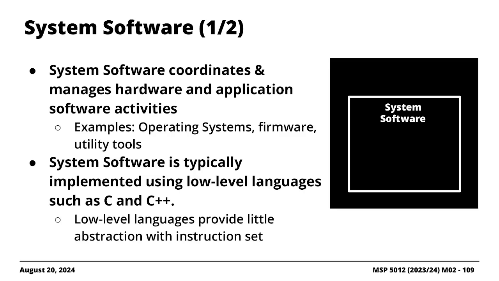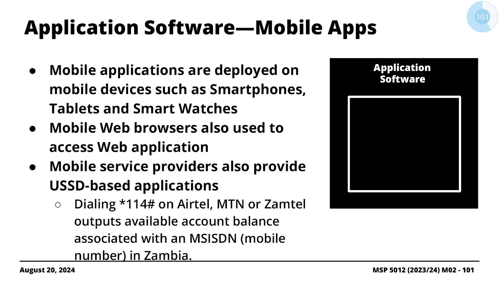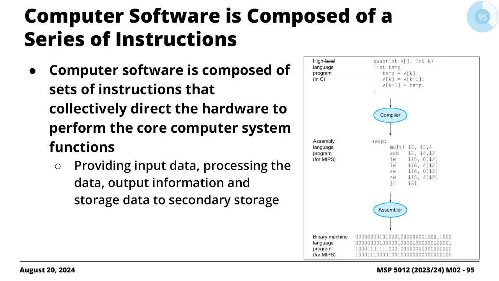I guess another point worth mentioning here, relative to what we've already discussed, is from the perspective of what languages are used to implement software. If you remember, we said that when software is being implemented, there's a choice to either use high-level instructions, or assembly language instructions, or even binary instructions, ones and zeros.